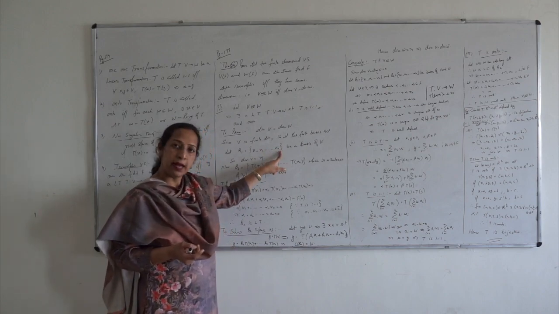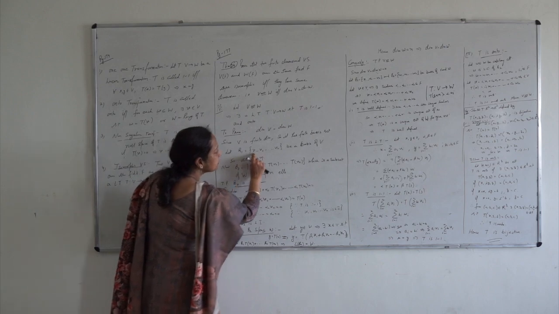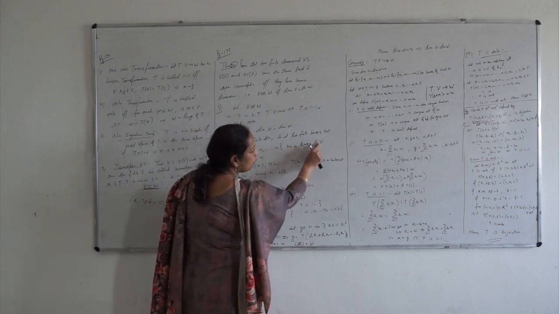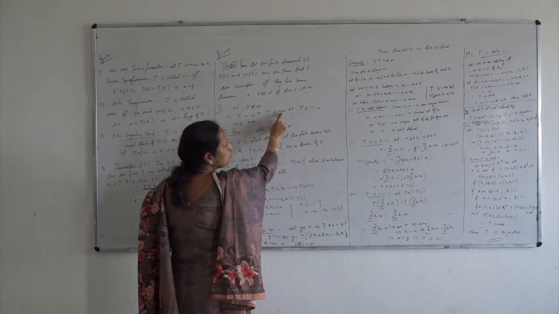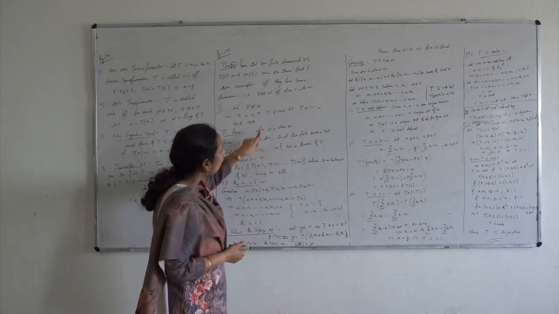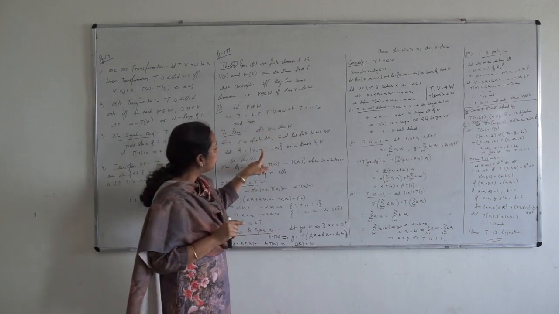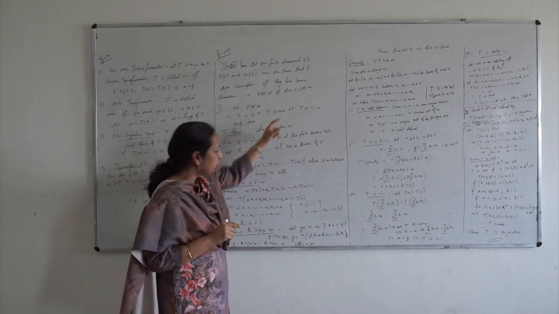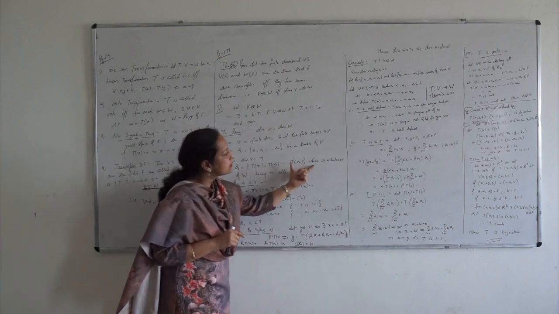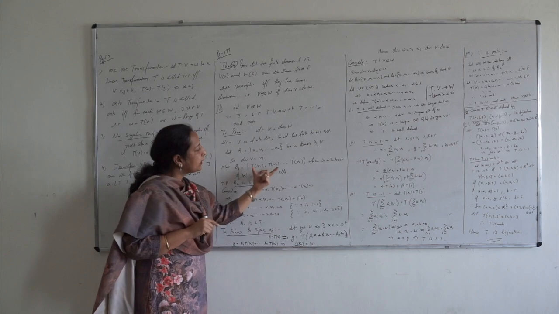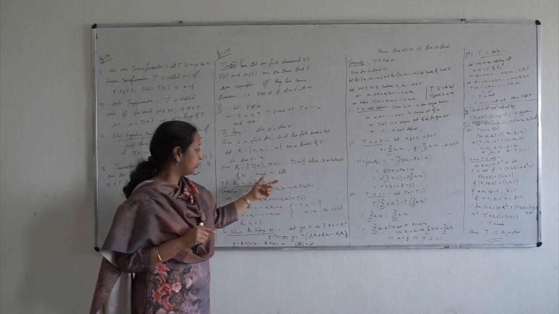Now, this set is a basis of V, and the transformation is V to W, then T of v1 is an element of W, T of v2 is an element of W. That means this B2, which is a subset of W, has n elements.